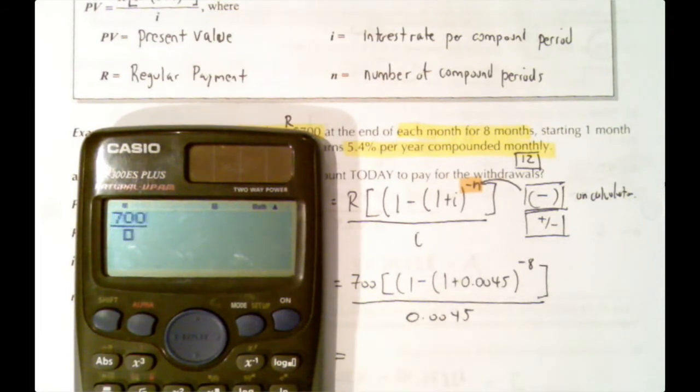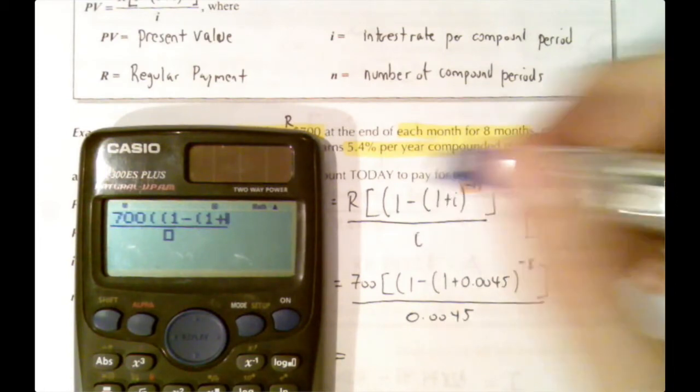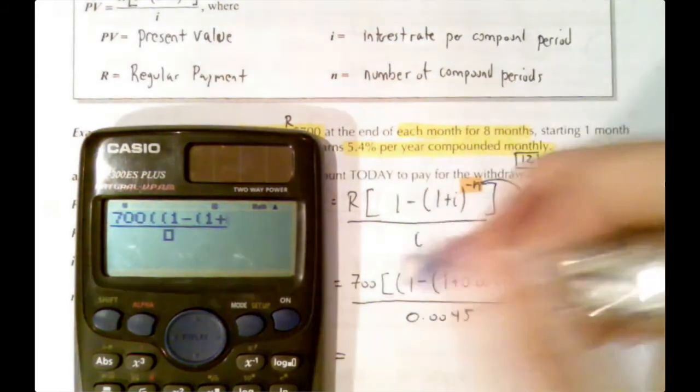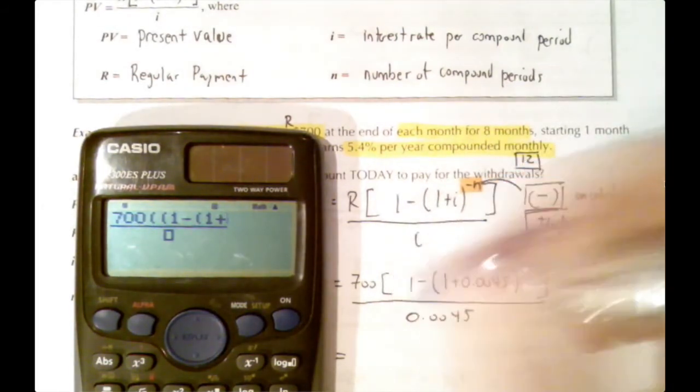700, bracket, bracket, 1 minus, bracket, 1 plus. Oh, I see. Oops. This bracket. Definitely not supposed to be there. I don't know why I put it there.